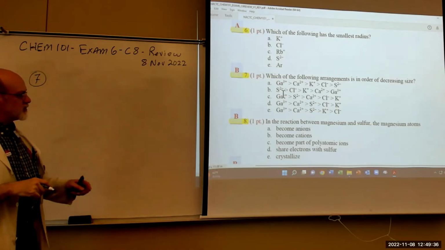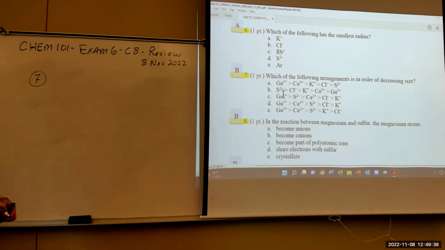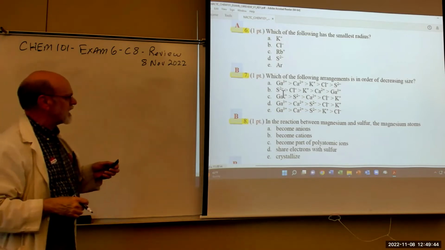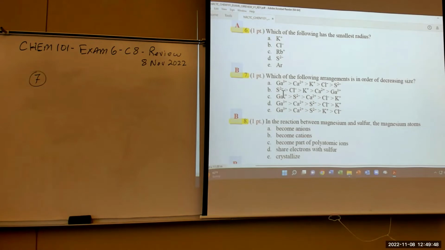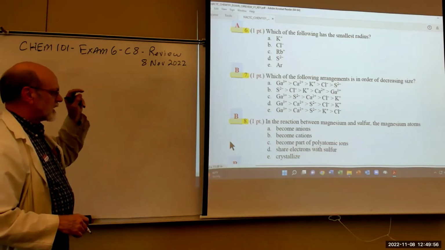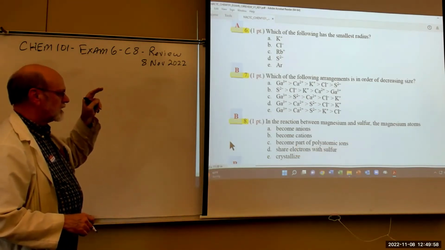Which of the following arrangements is in order of decreasing size? Okay, now we're dealing with, let's see. We've got gallium, calcium.